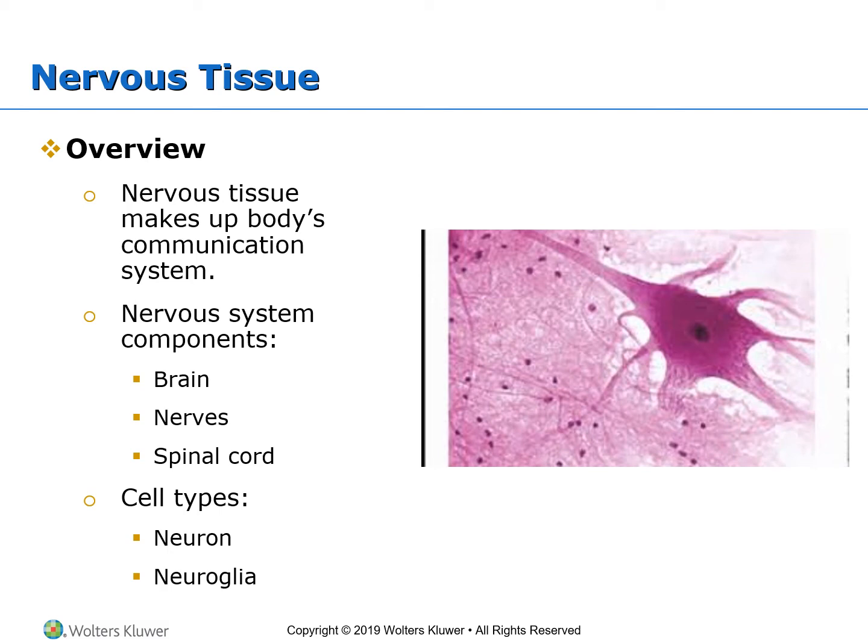The nervous system is made up of two types of cells. One is the neuron, the main nervous system cell, and the other is the neuroglia, the support system cell, supporting the main actor in this system.